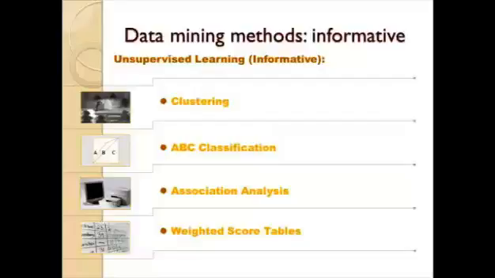And then for the second group, we have informative or unsupervised learning, and there are four major methods: clustering, ABC classification, association analysis, and weighted score tables. I'm going to talk about these four as well in detail.